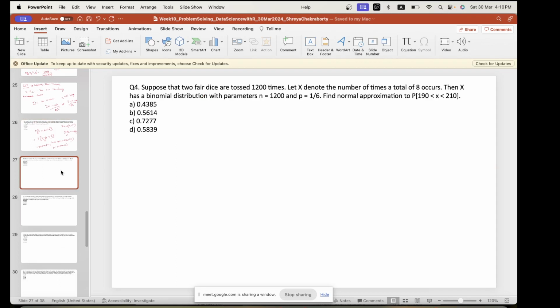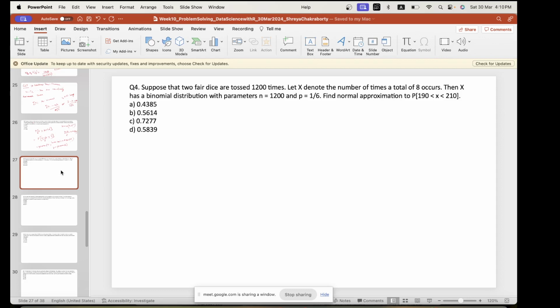Here they are saying, suppose that two fair dice are tossed 1200 times. Let X denote the number of times a total of 8 occurs. Then X has a binomial distribution with parameters n equal to 1200 and p equal to 1 by 6.